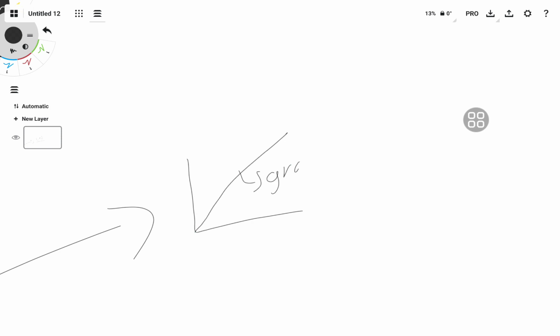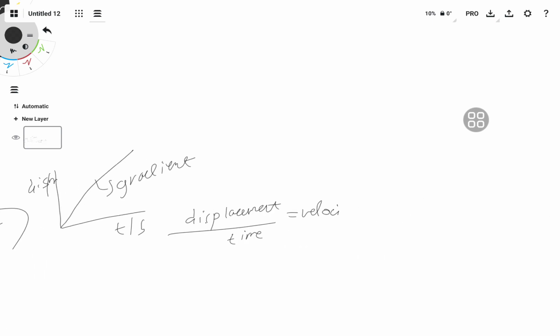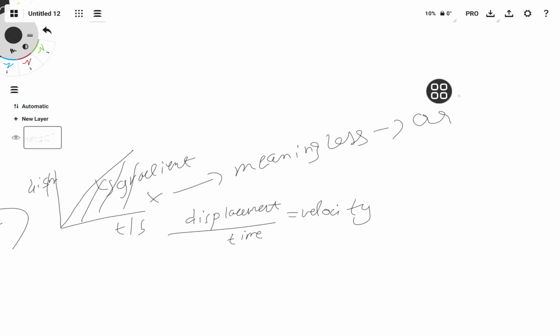The gradient gives velocity, because if we divide displacement by time, we will get velocity, which is linked here. But the area under this curve is just meaningless. This has no meaning.